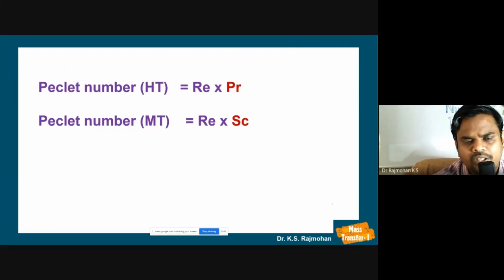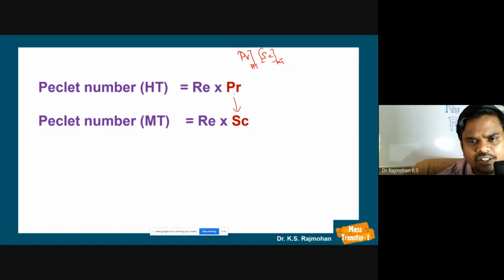Okay, and similarly we have another number. Once we have Prandtl number and Schmidt number, we can define another number called Peclet number, which is the product of Reynolds number into Prandtl number. Peclet number for heat transfer is Reynolds number into Prandtl number, and Peclet number for mass transfer is Reynolds number into its equivalent in mass transfer. What is that? Primary school, SC, Schmidt number. So how is this Peclet number defined?